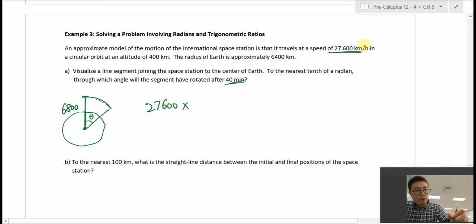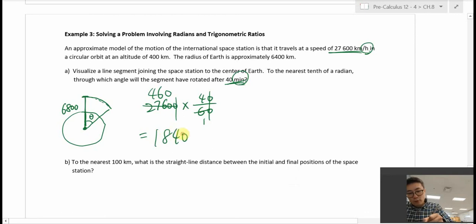So be careful. This is hours, this is minutes. So you got to make sure you convert minutes into hours. It's 40 minutes out of the 60 minutes in an hour. So that would be the distance that it can travel. I think this will give us a nice number. We can divide this by 6, that's fine. 460 times 4 is 1840 kilometers.